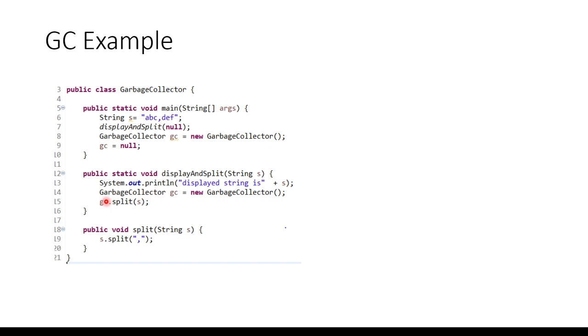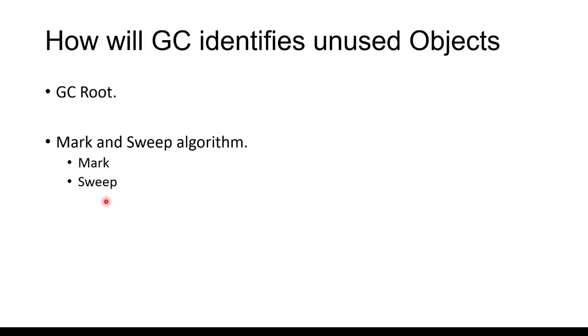But how does the actual garbage collector process know whether an object is eligible or not? It means, how will the GC identify these unused objects and these null references?